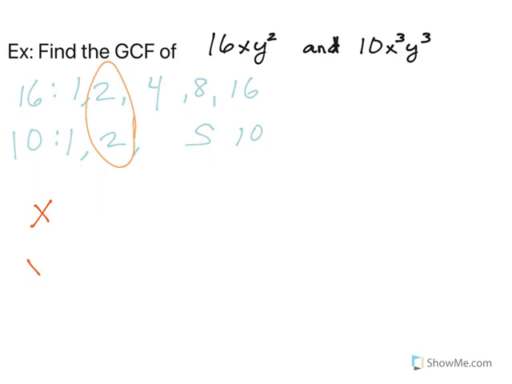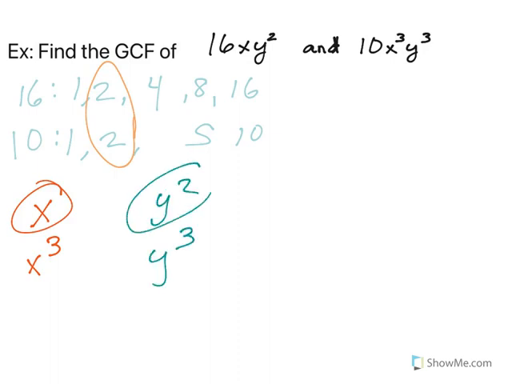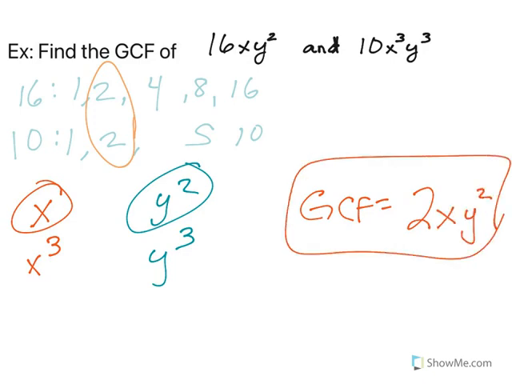I've got x and x to the third. It's the smaller exponent. And then I go to our y's. We have y squared and y to the third, and it's the smallest one. So when I put those three together, my GCF would be 2xy squared. Boom. That is the biggest factor I can take out of each one.